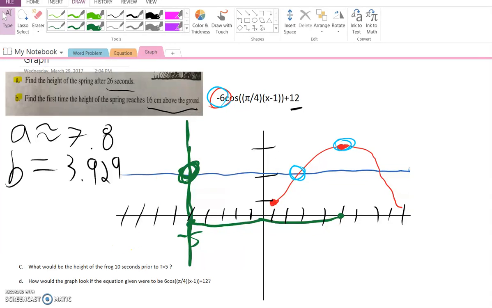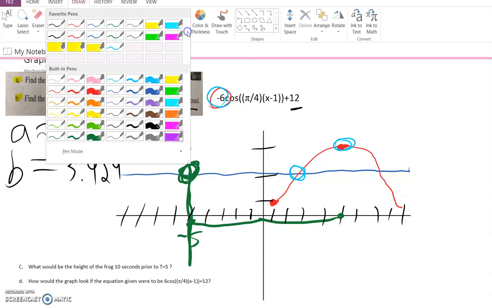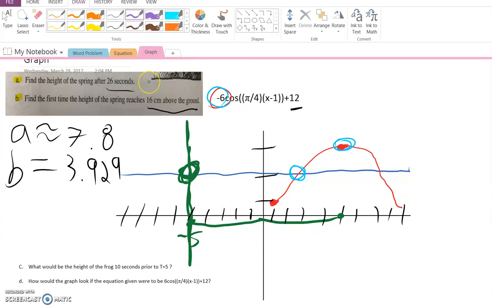For D, how would the graph look if the equation given were 6 cosine of pi over 4 times x minus 1, plus 12? Basically, it's similar to the one we are given already. We just changed the negative sign into a plus sign in front of the cosine, which is going to make it look like a basic parent graph.